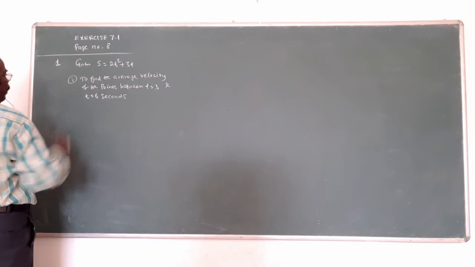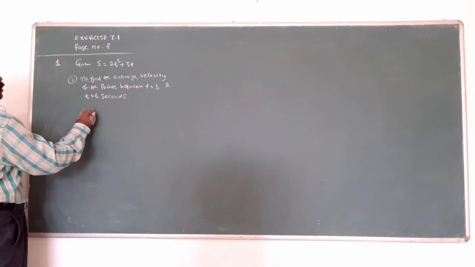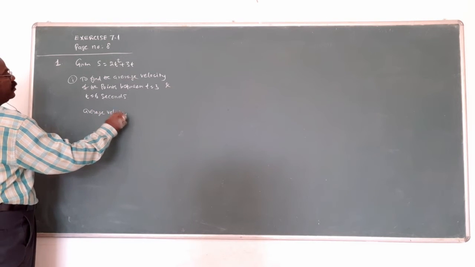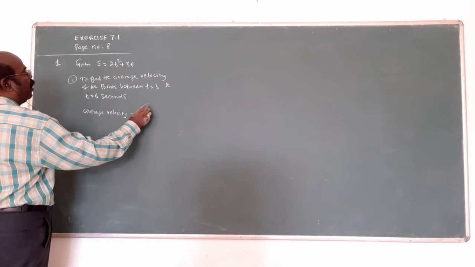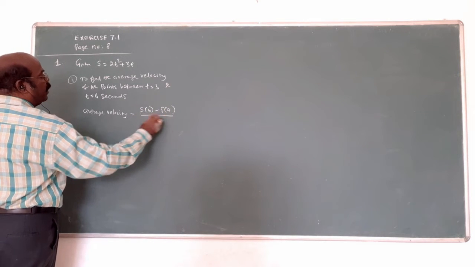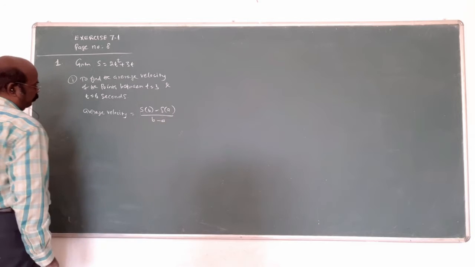This is asking the average velocity. What is the formula? Average velocity equal to f of b minus f of a by b minus a, the formula.